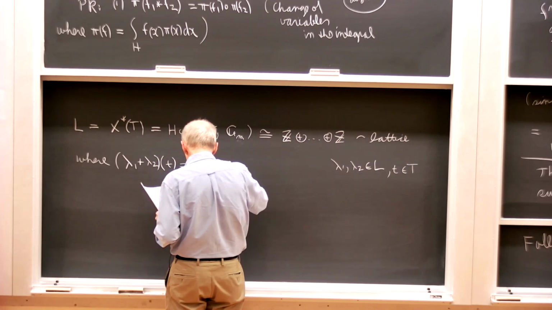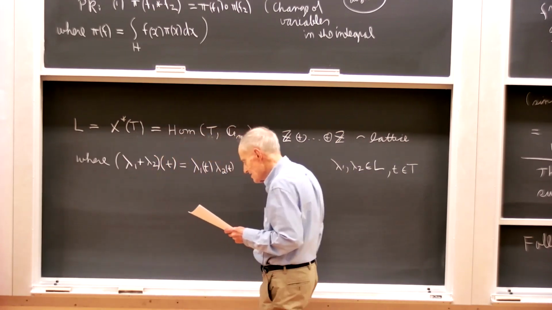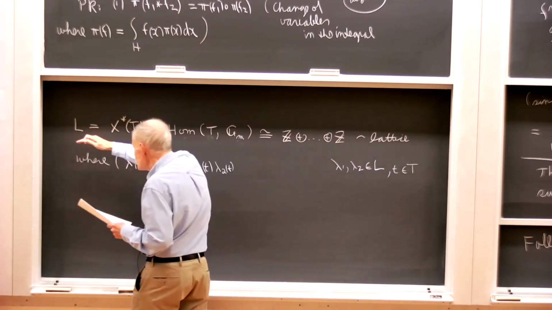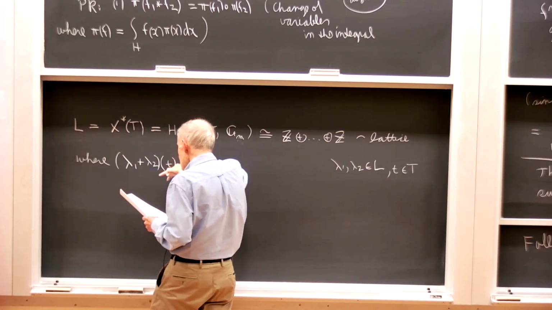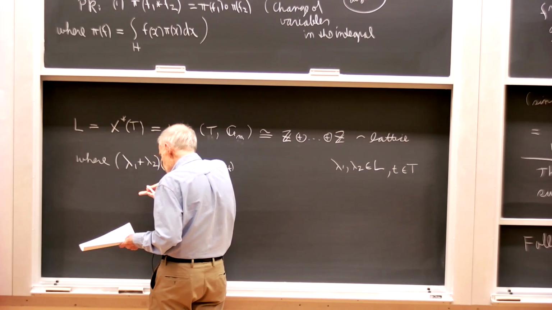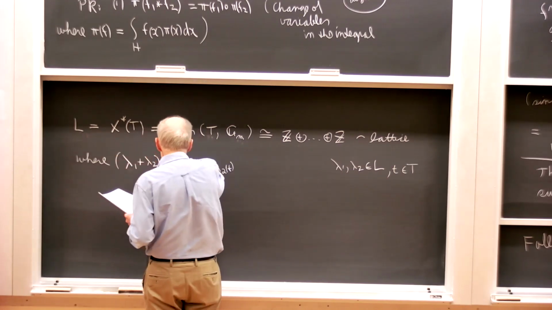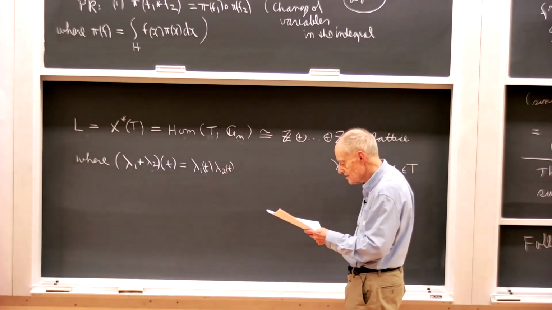It is multiplicative. So it's a homomorphism. This mapping from this lattice to this abelian group is a homomorphism, but where the additive notation in the lattice gets transformed into the multiplicative notation there.